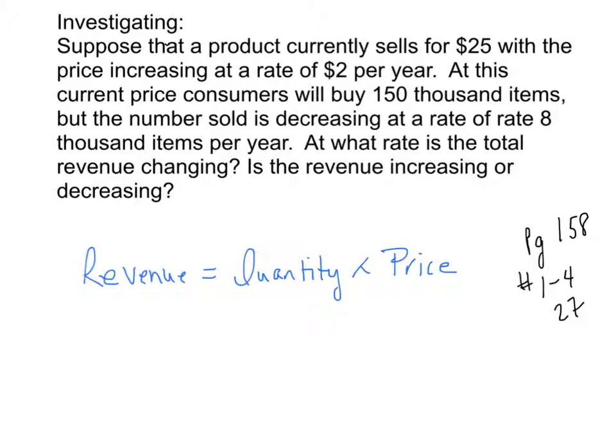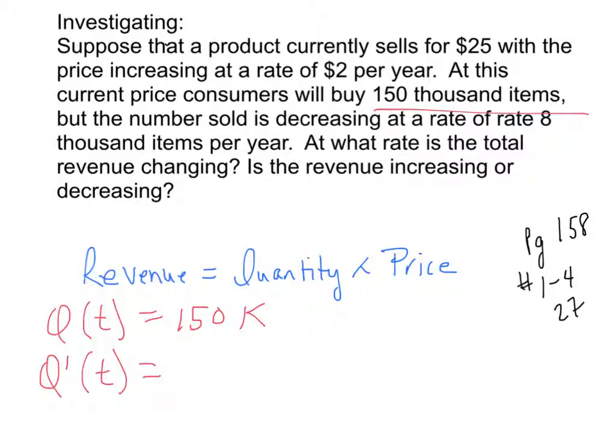So we need to identify quite a few things. First of all, revenue equals quantity times price. Our quantity that we're going to sell is 150,000 items. I'm going to use K if that's all right. And we know there's a change in that quantity if we up our price by $2.